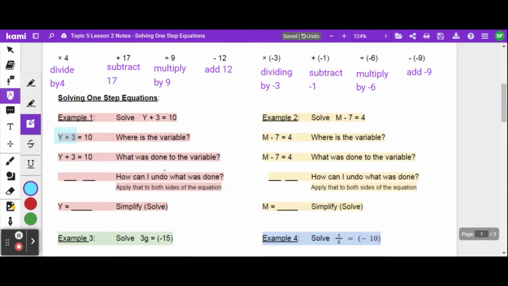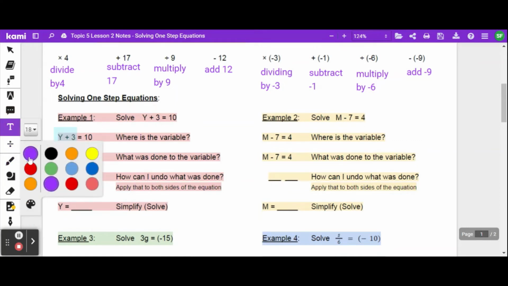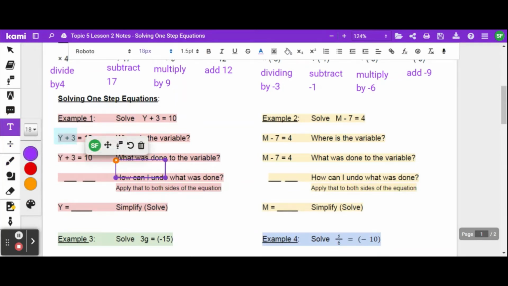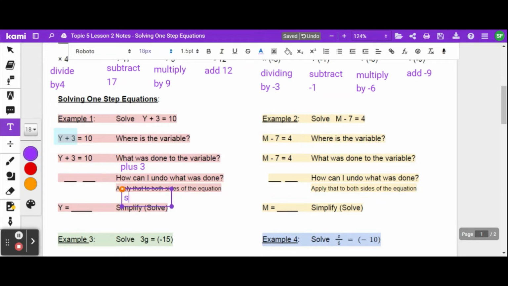So when it's not by itself, I know I'm going to have to do the inverse of what is happening to the variable. What is happening to that y? It is adding 3. How do I get rid of plus 3? I am going to subtract 3.